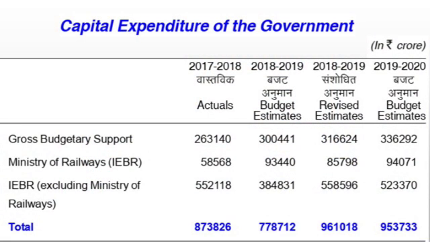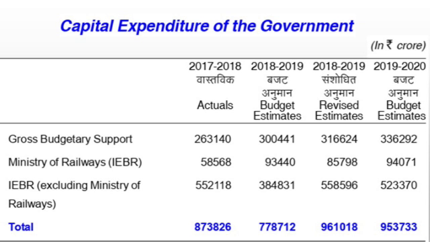So if you see, GBS is 3.36 lakh crores, Railways IEBR is 94,071 crores, and excluding railways, 5.23 lakh crores. That means today internal and extra budgetary resources are much bigger than the budgetary support of the government.